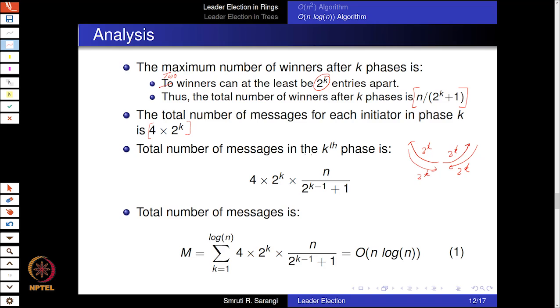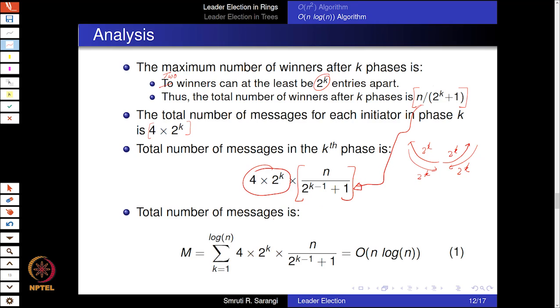So the total number of messages in the kth phase is this much times the number of winners in the k minus 1th phase, which straightforwardly comes from here. Of course, these are the winners of the kth phase, but in this case, we will have to consider the winners of the k minus 1th phase because they are the ones who are going to participate in the kth phase. Phase and round is the same thing.